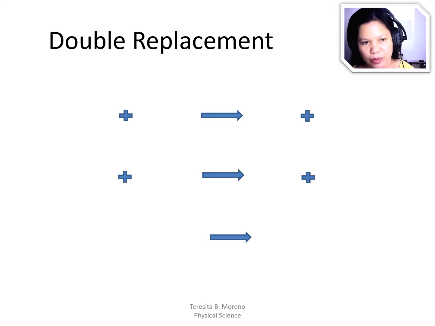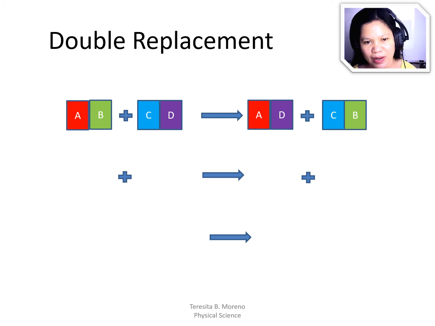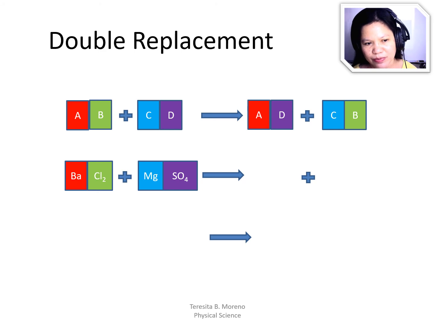Fourth is the double replacement. When you talk about double replacement, two position is being replaced or they change with its position. You have AB plus CD yield into AD plus CB. So if you notice, A paired with D and C paired with B. For example, you have barium chloride plus magnesium sulfate.